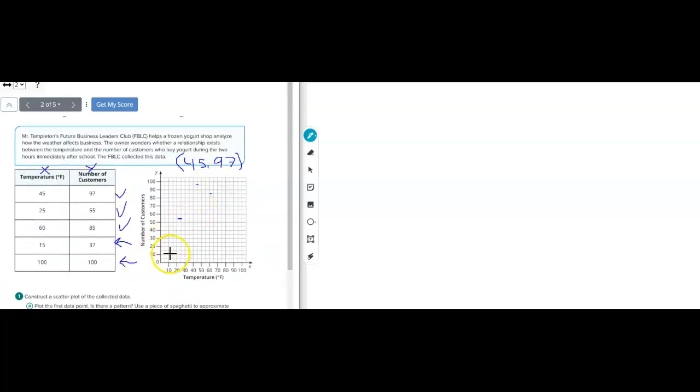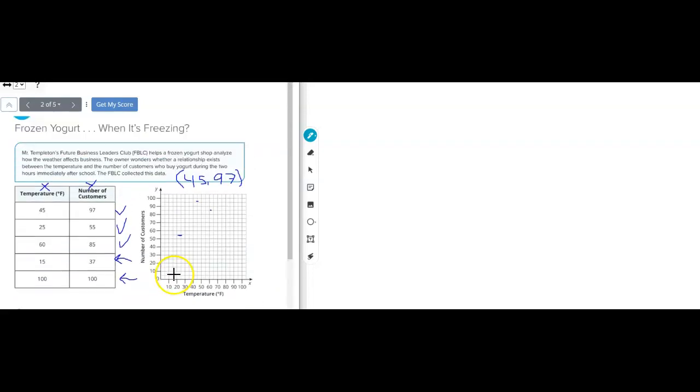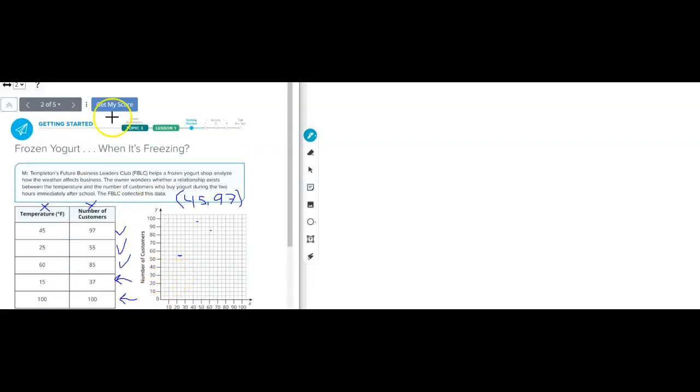So use your model. So you'll have 5 points plotted here, and you'll use that model to predict what the relationship is between the temperature and the number of customers. So if you notice an uphill trend, right, you can draw a line using this line tool in TeacherMade, wherever you think the line should be, right?